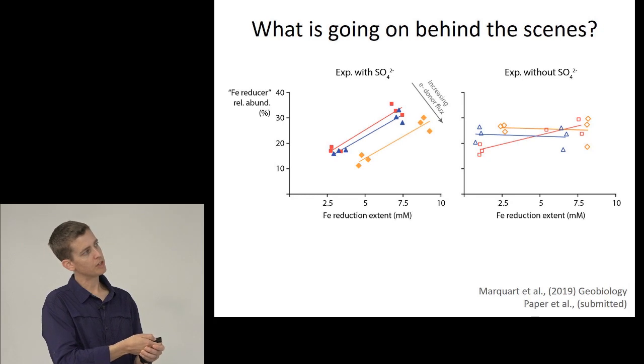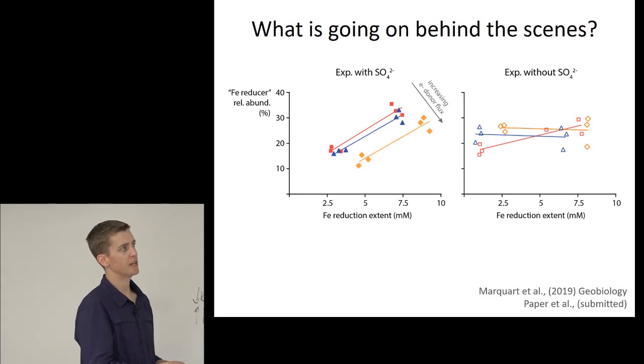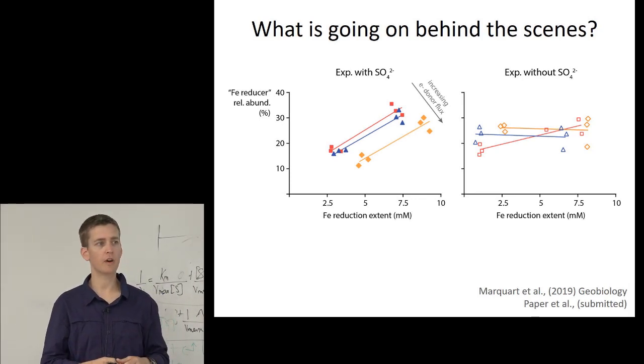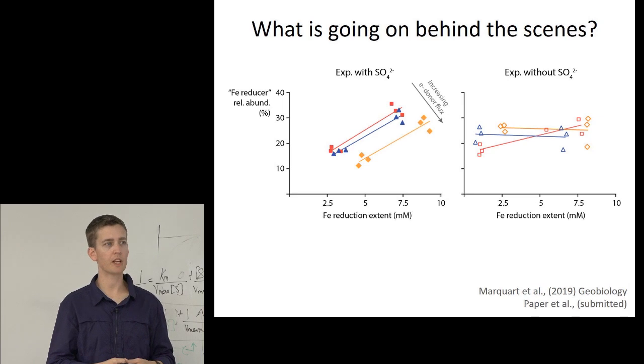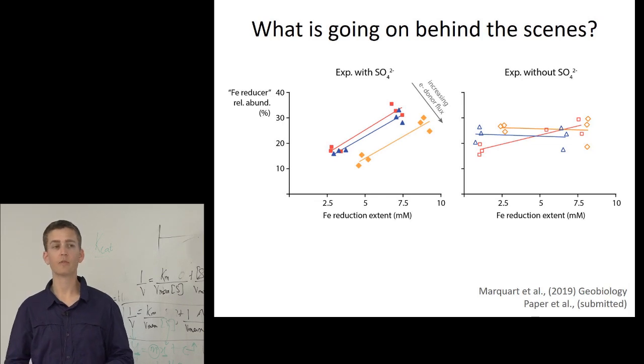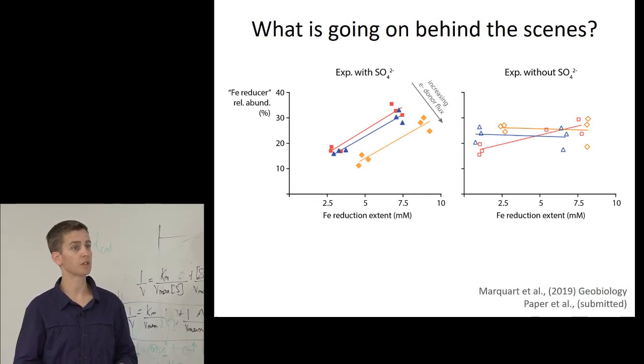Even though there wasn't much iron reduction going on down here in these reactors, those were the reactors that had basic pH, we still have a pretty high abundance of iron reducers, much higher than the amount that we added, implying that there was some growth. And the reason we think that they were able to grow that community without reducing iron is because they were doing interspecies electron transfer.